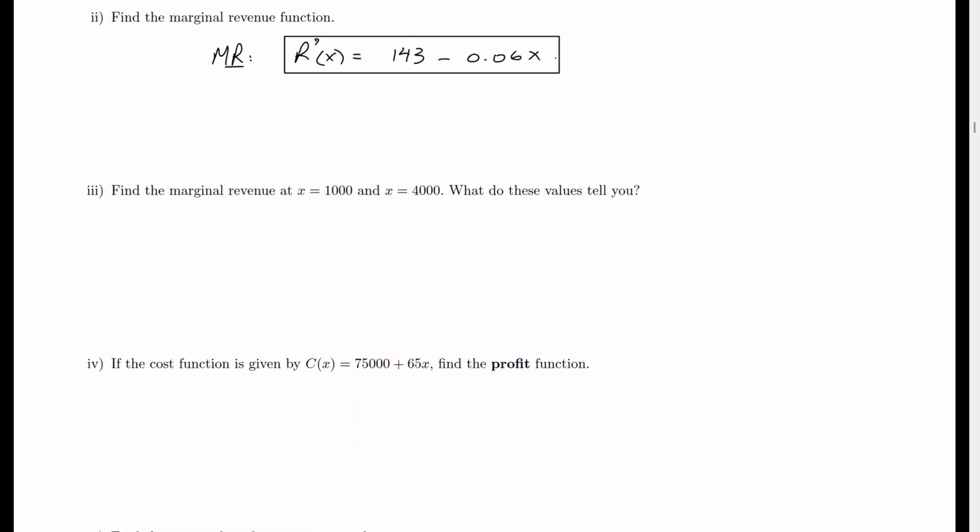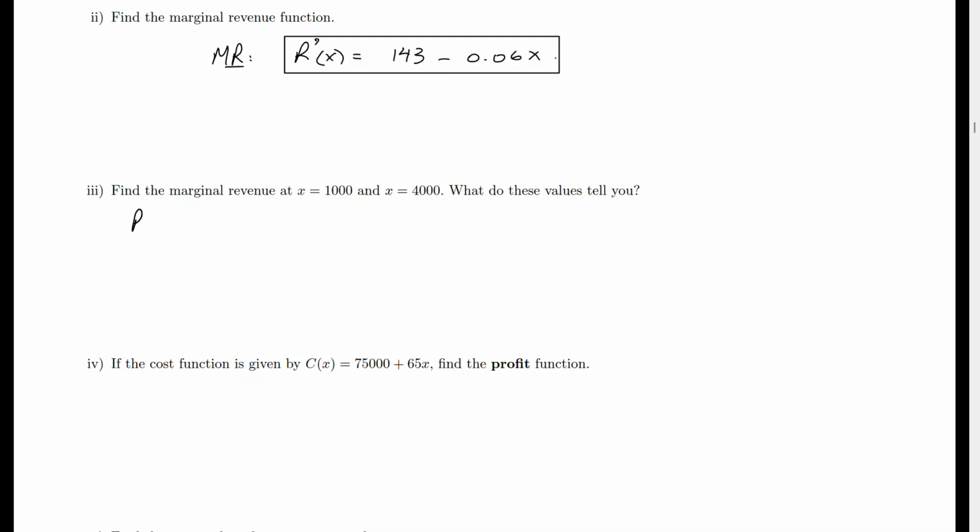Now part three asks us to find the marginal revenue at 1,000 and then at 4,000, and then answer what these values tell us. We've already calculated the marginal revenue equation, so all we have to do is put 1,000 in it and then 4,000 in it.